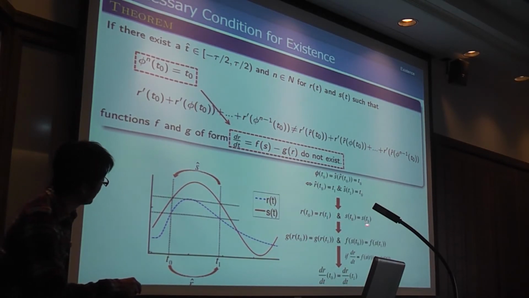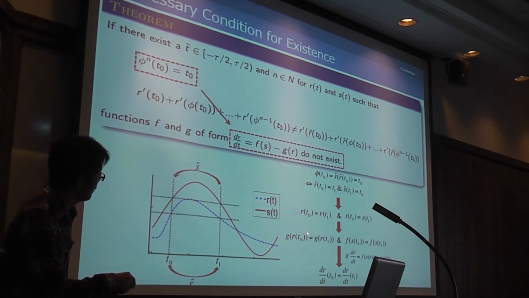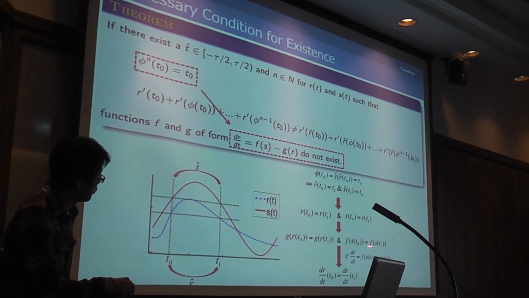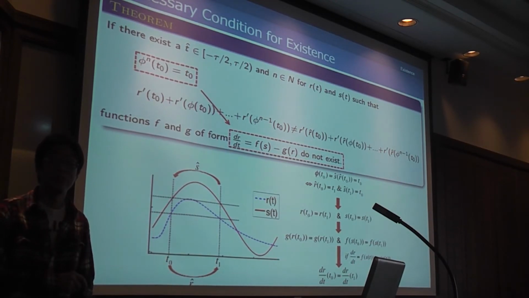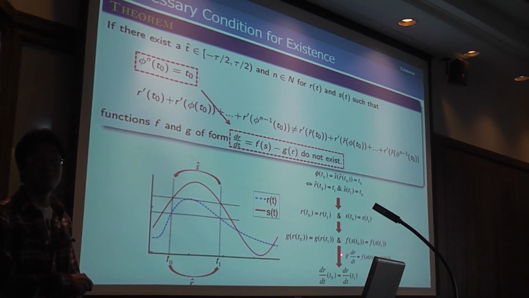That means whatever g, whatever f, if we plug in this value to the g or f, they still have the same value, right? So now let's assume that there is this model. So what this means is, if you plug in this value to here, the derivatives at t0 and t1 should be the same, right? Because f and g are the same at these 2 time points.